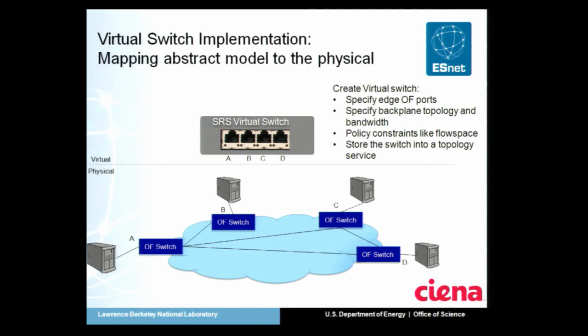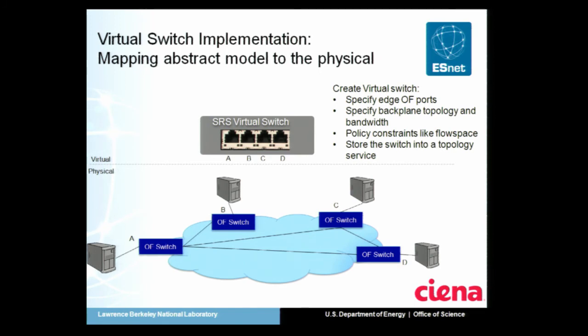If you buy a switch from the market, you get ports, of course, and you have a backplane, which if you buy an expensive switch, is a non-blocking backplane. That means you have a full mesh of, say, if it's a 10 gig switch, 10 gig connectivity between any port to any port, and that is just burnt in. But with this virtual implementation, you can specify what kind of backplane topology and bandwidth you desire.